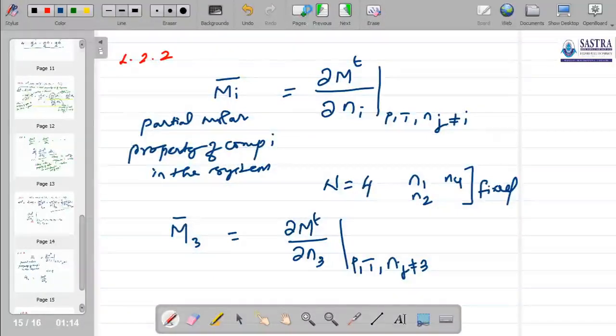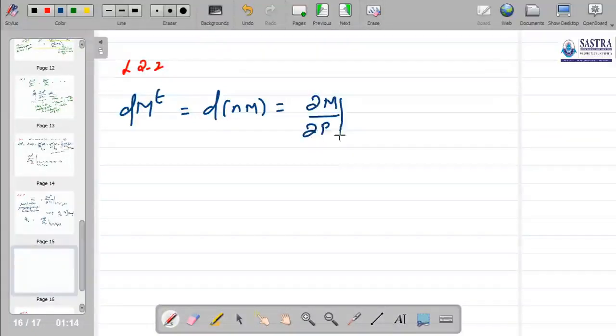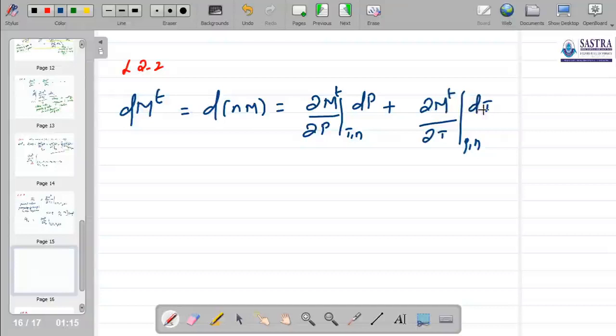Now using this notation, one would be able to write the change in the total property of the system as dM = (∂M/∂P) dP, where temperature and moles of all the species are constant, plus (∂M/∂T) dT, the change in the property of the system with respect to temperature, where pressure and all moles are constant, plus the sum over components 1 to n of the partial molar property of that component times the respective change in moles.